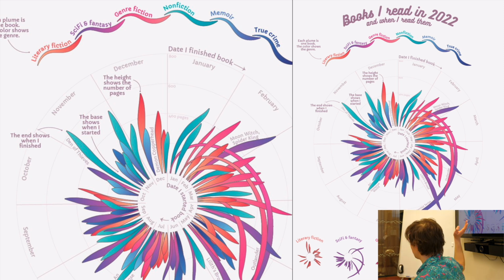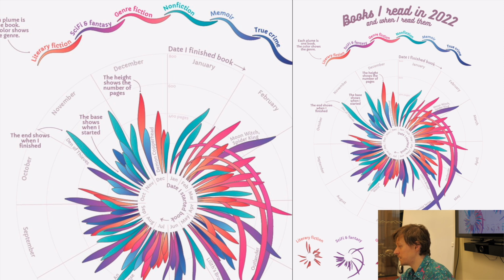Someone read in 2022, and you've seen how nice it is. It looks like a flower, and it starts with the day I started the book, and this was a very long reading time, the day I finished the book. They are arranged by months in a circle, and they are colored by different genres of the book. Yeah, so you see how it's both informative, it solves the task of someone learning about themselves, and it's artistic at the same time.